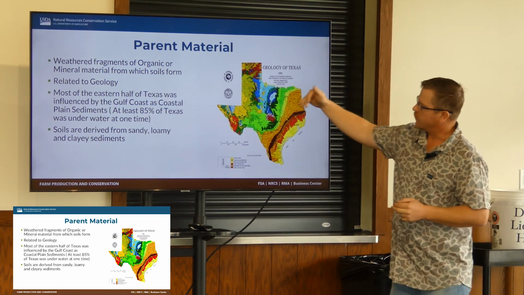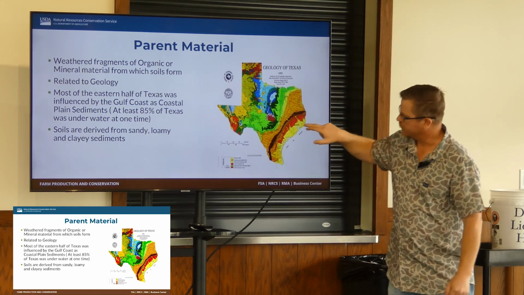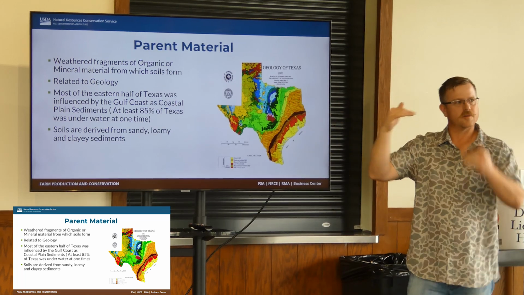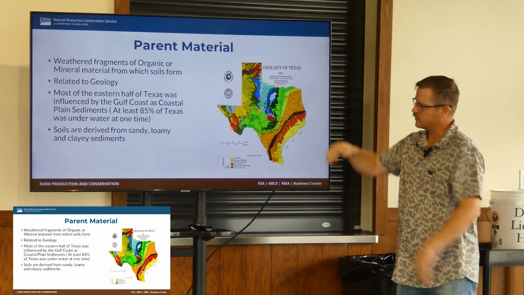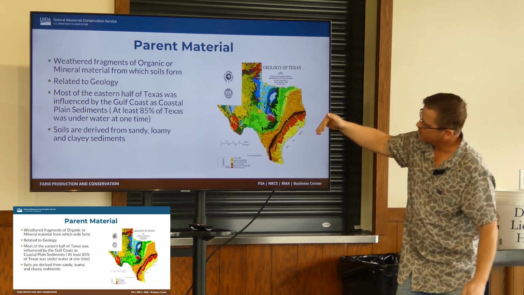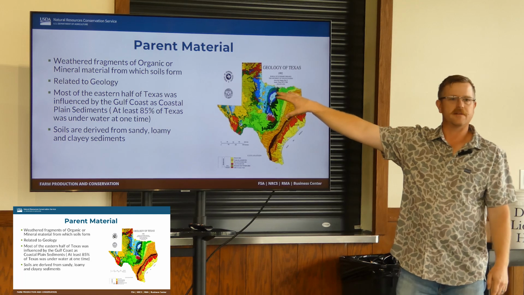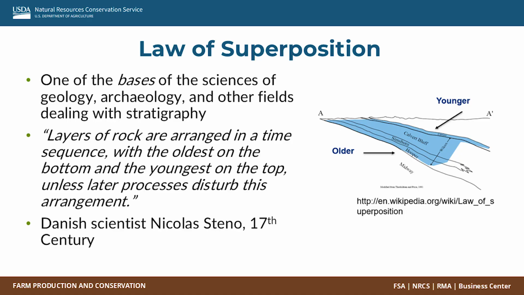So what basically has happened is, here's your beach. This was a beach. This was a beach. This was a beach. So all those are older geology versus younger geology. So this here is your youngest and it goes this way up to oldest, which is why they find shark teeth and all that in the Panhandle. Mm-hmm. That gets to the law of superposition.